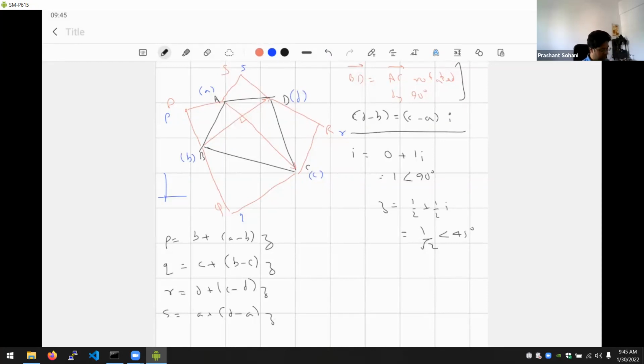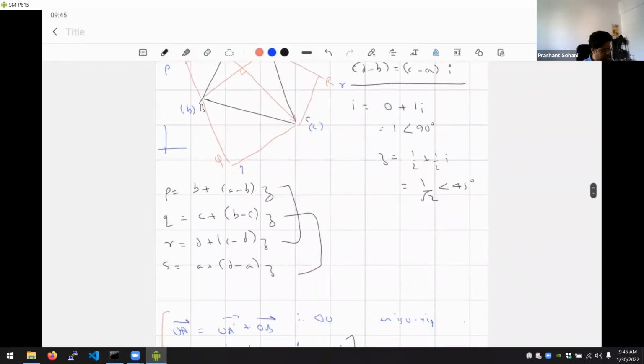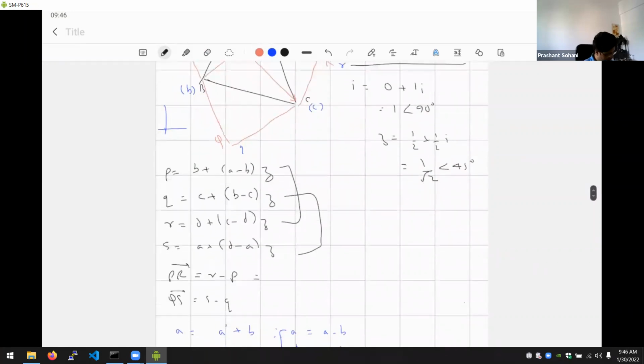Okay, and now the question is asking us to deduce something about PR and QS. So from this, I can figure out the expressions of PR and QS. The vector PR will be R minus P, and vector QS will be equal to S minus Q. So what will I get?